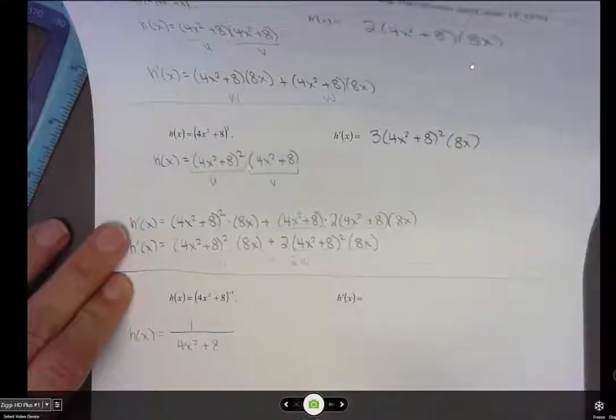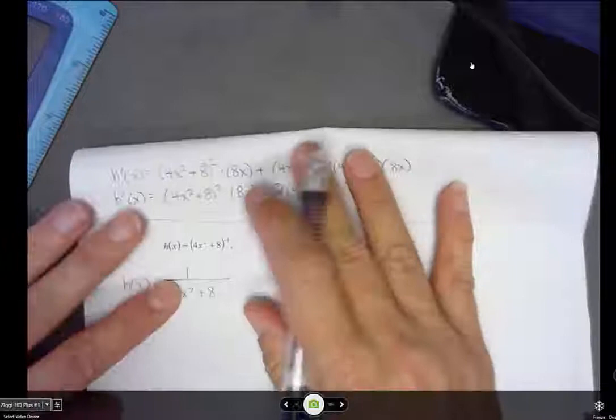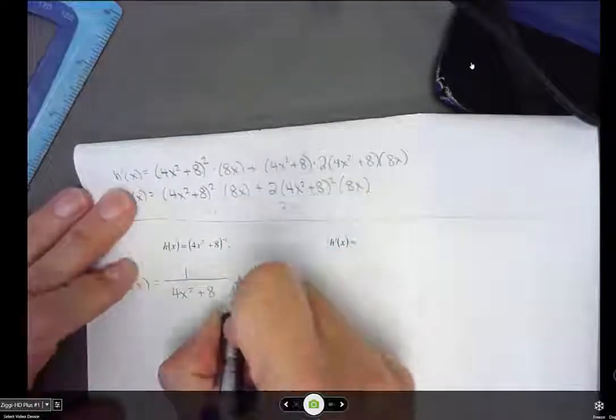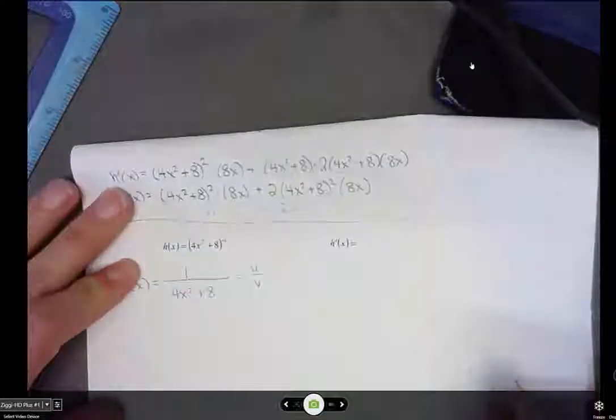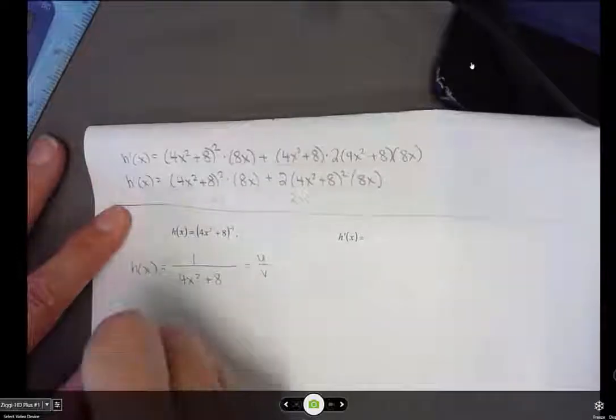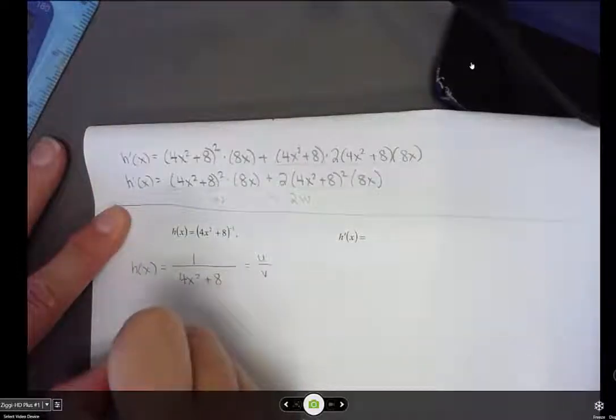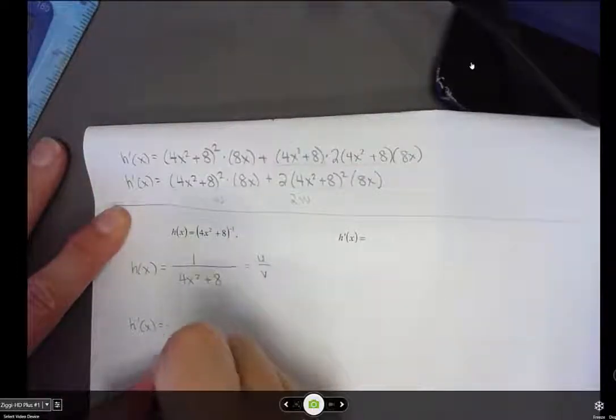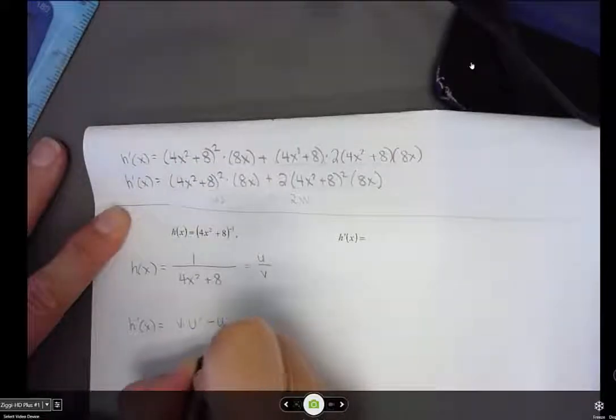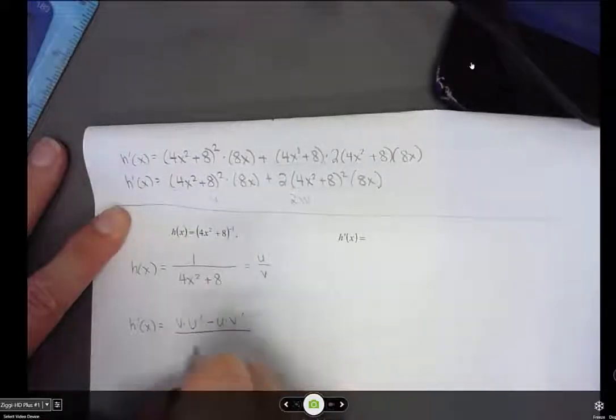So now I am using the quotient rule to take the derivative. So this is my u and that's my v. And so remember, the quotient rule is start at the bottom. V times u prime minus u times v prime, all over v squared.